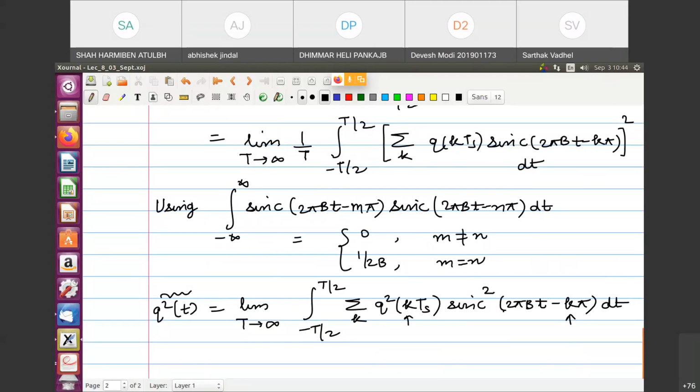Now finally, remember that this is an integral with respect to time. The q square of kTs is not a function of time, so only the sinc square is a function of time.